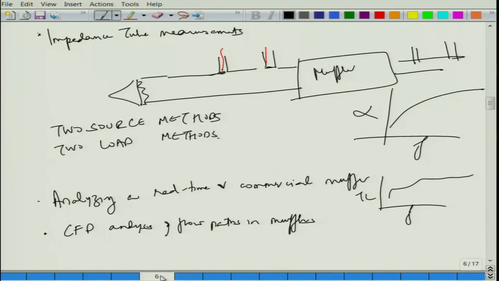So, a detailed analysis of such a thing is also very important. So, all these advanced topics will possibly be covered in a later course at a suitable time, and in this way we can develop a very niche area of analyzing such muffler components.